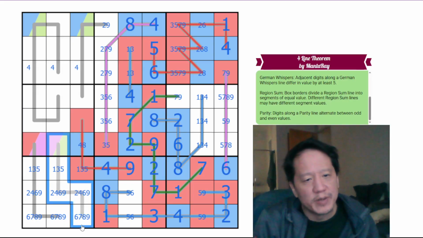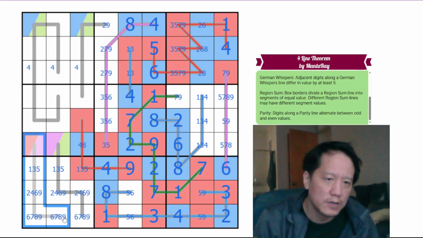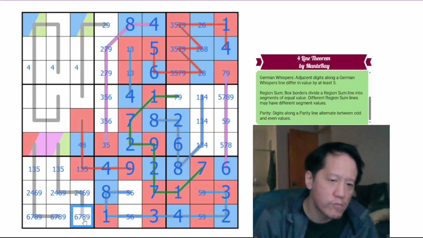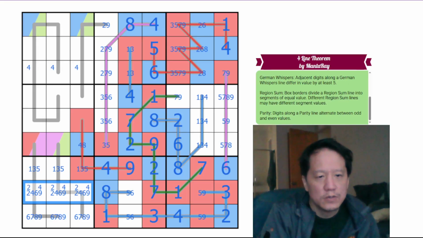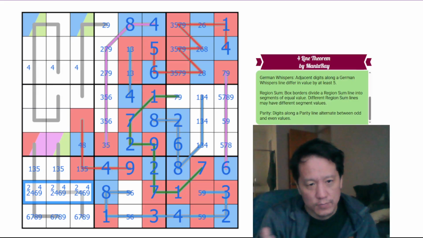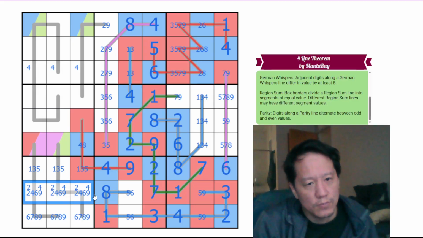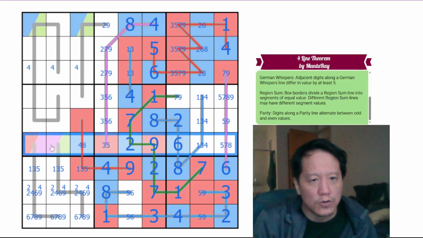If this is Renban, this has to be parity. So this would be odd and even. We know we have a 4 and a 2 here. Oh, that's interesting. What are the remaining digits in row 6?